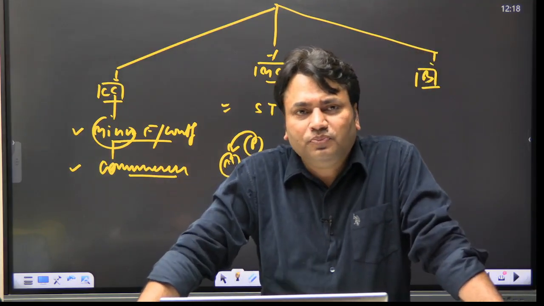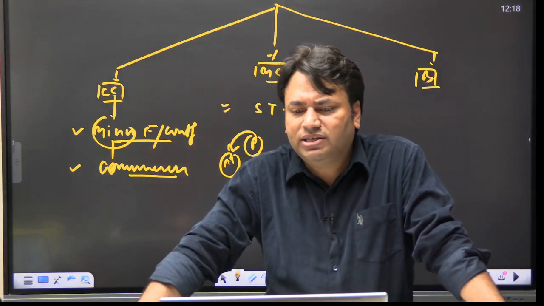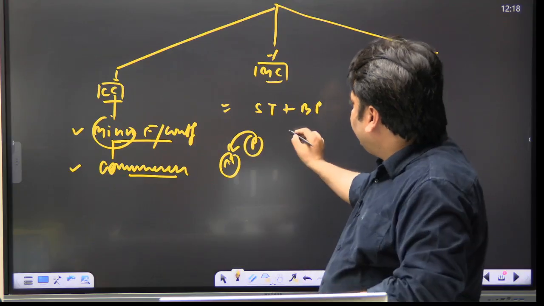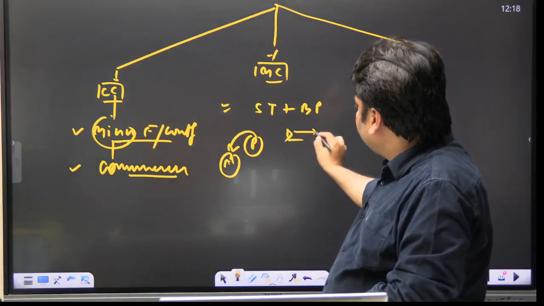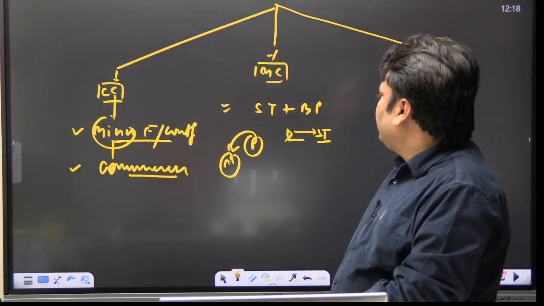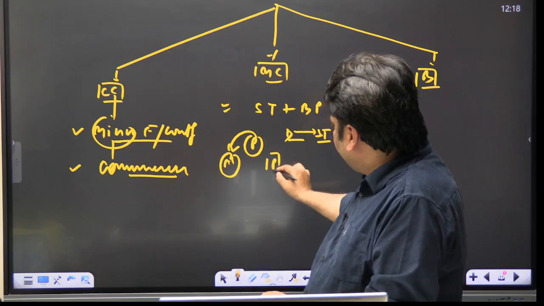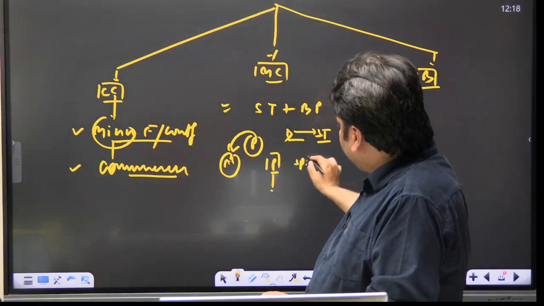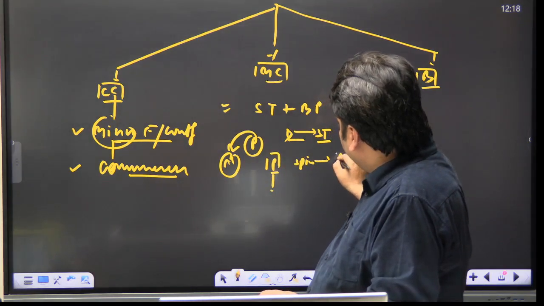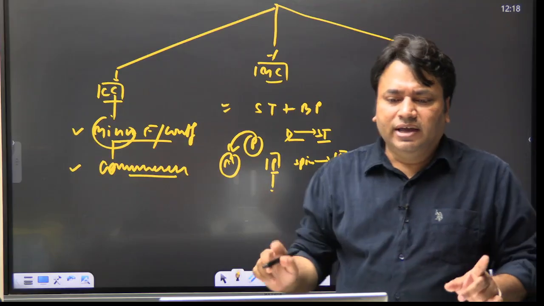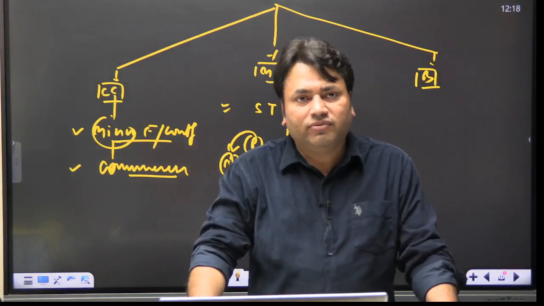So wherever you will see the Portuguese spice trade, the main focus of the Dutch is on spice trade. So here what will happen? The Portuguese commercial interest in spice trade will come in conflict with the Dutch commercial interest in spice trade. In this way, they will come in conflict with each other.